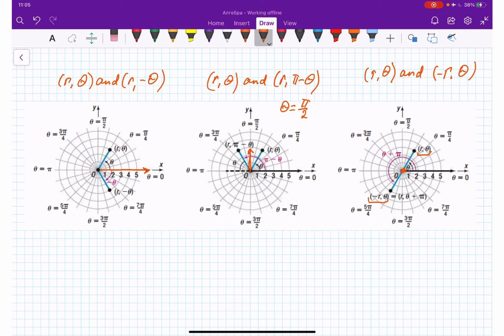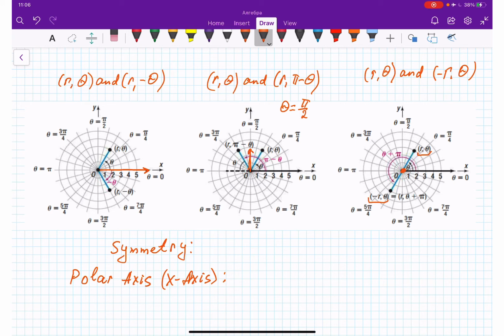First, symmetry with respect to the polar axis, or the x-axis.